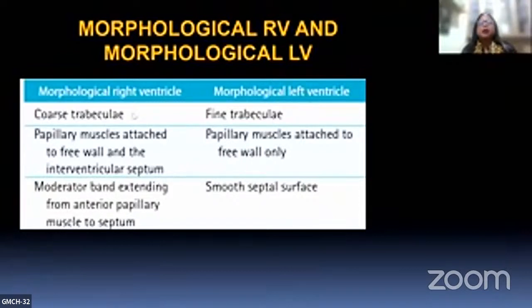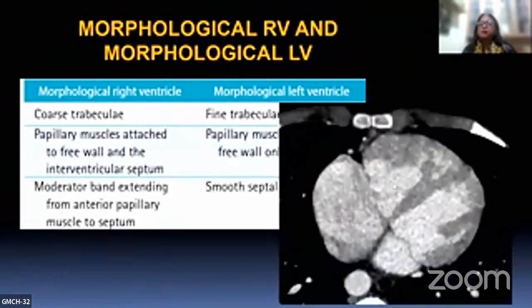Morphological right ventricle has coarse trabeculae, and papillary muscles are attached to the free wall and the interventricular septum. There is a moderator band extending from the anterior papillary muscle to the septum, which identifies the morphological right ventricle. Now, morphological left ventricle has fine trabeculae, papillary muscles are attached to the free wall, and it has a smooth septal surface.